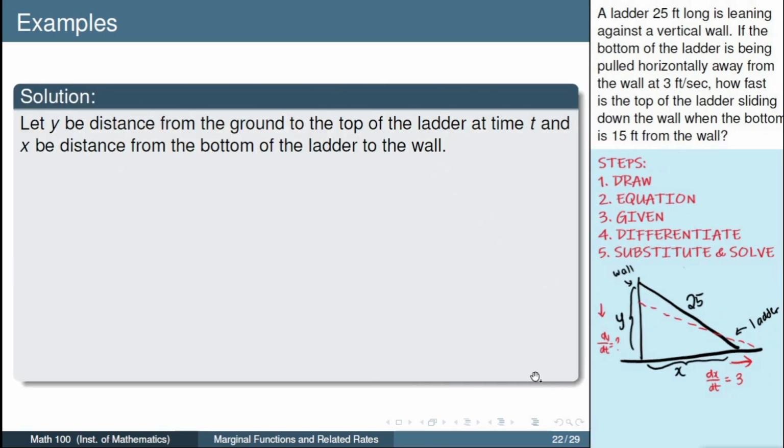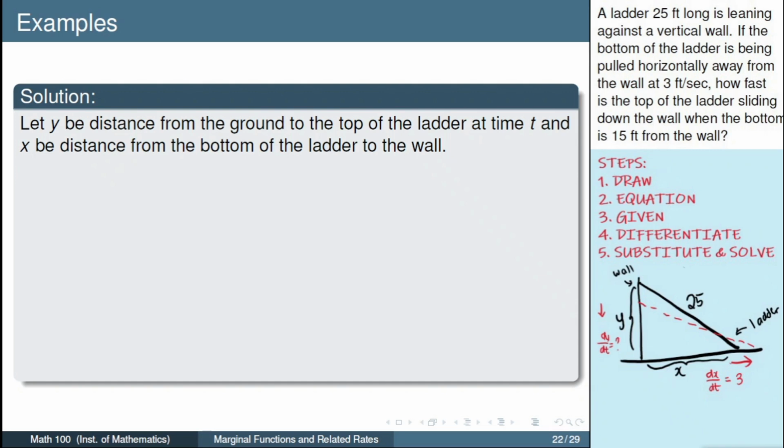So, yan. Again, let y be the distance from the ground to the top of the ladder at time t, and x be the distance from the bottom of the ladder to the wall as illustrated in our drawing. So, yung second step natin will be equation. What could possibly relate x and y? Tignan natin ang diagram natin. This is a triangle.